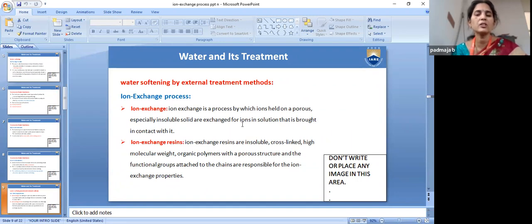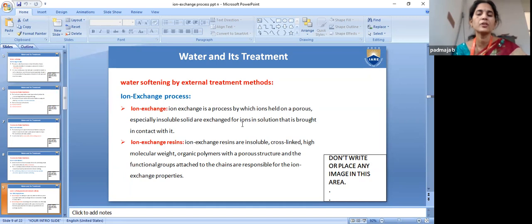So we are taking here an insoluble solid. Insoluble solids means we'll take polymers with a porous structure, having a functional group, either H plus ions or OH minus ions. When we use these as ion exchangers, exchanging of ions takes place from the solution, that is, from the sample of water.